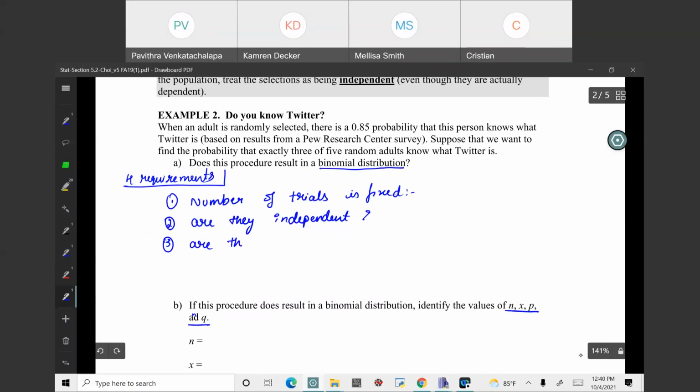Are there two outcomes? And is the probability same for all the trials? So what is the number of trials in this question?